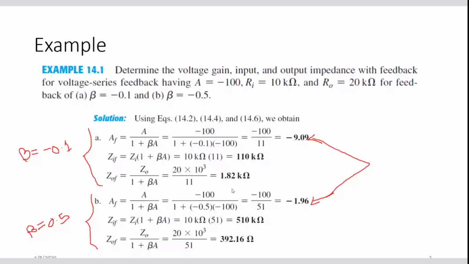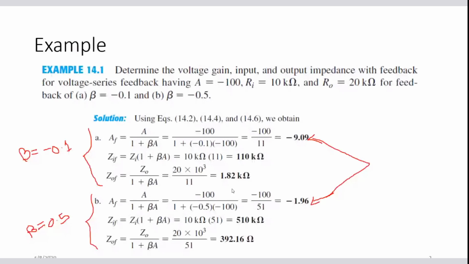Whereas if I am feeding back 50%, that is 0.5 of the output, you could see the gain reduces to minus 2. From minus 100 it is reducing to minus 2. So just think, because of this feedback, you are sacrificing the gain, but gain is not the only thing that is required for an amplifier. That's the thing we have to notice here.